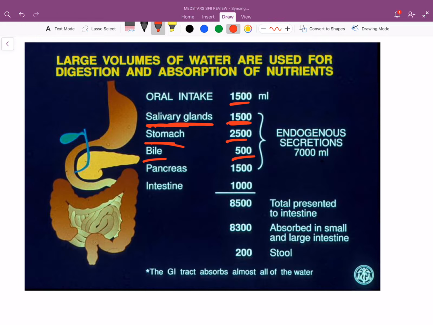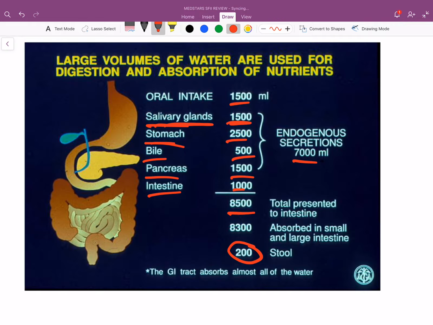Bowels, 500 milliliters. Pancreas, 1.5 liters. Intestine, 1 liter. So you get a total of about 7,000 milliliters or 7 liters from the GI system alone. So you get a total of 8,500. At the end of the day, you get 200 milliliters of stuff in your stool.